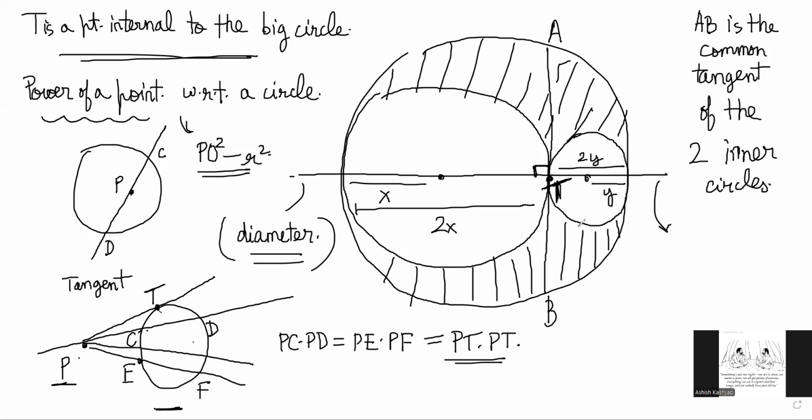And now notice that I have a point T, right? I can say power of point T will be TA times TB, right? Yes, sir. But it should also be T into this distance times T into this distance, right? Yes, sir. Notice that those distances are 2x into 2y, right? Yes. And TA times TB, I'm assuming that these are midpoints.